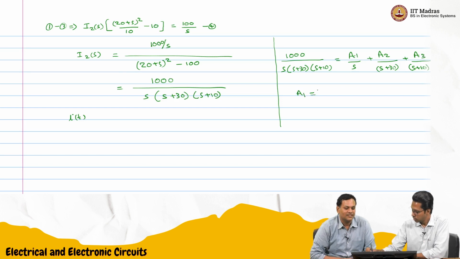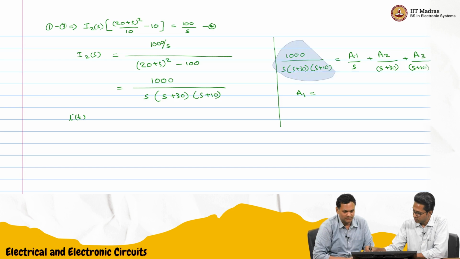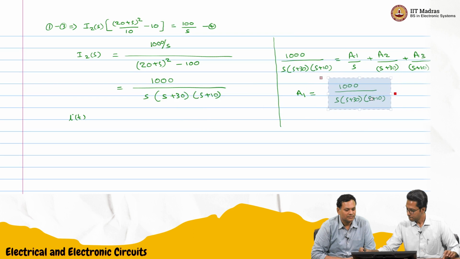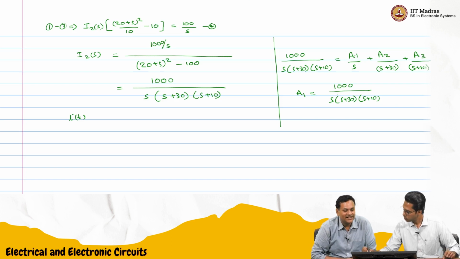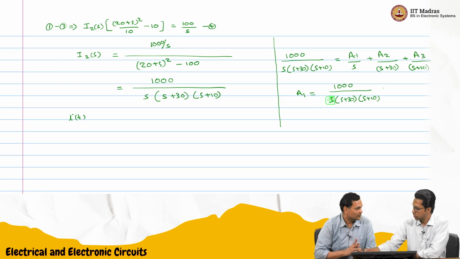A1 is, when you write the expression 1000 by S into S plus 30 into S plus 10, we hide that S in the denominator, and then we set S equal to 0.